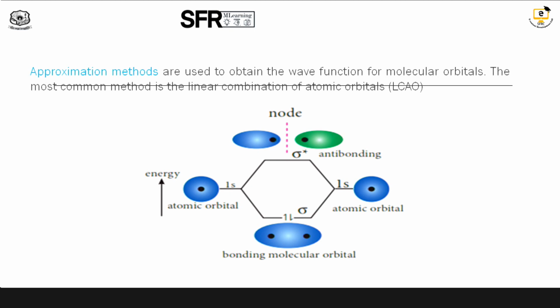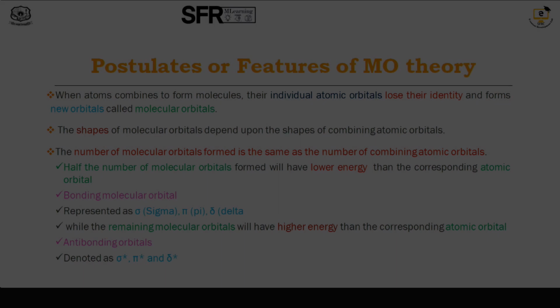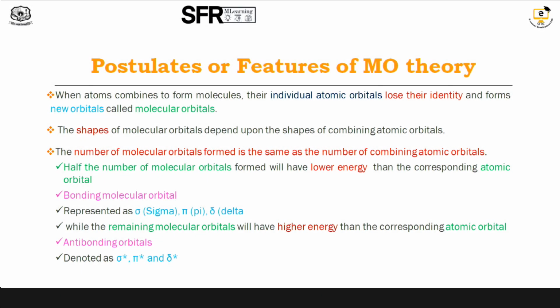That is, the bonding molecular orbital is below the atomic orbitals, whereas the anti-bonding molecular orbital is above them, as shown in the diagram. The bonding molecular orbitals have lower energy and are represented as sigma, pi, delta, whereas the anti-bonding molecular orbitals are represented as sigma star, pi star, delta star, which are at higher energy.